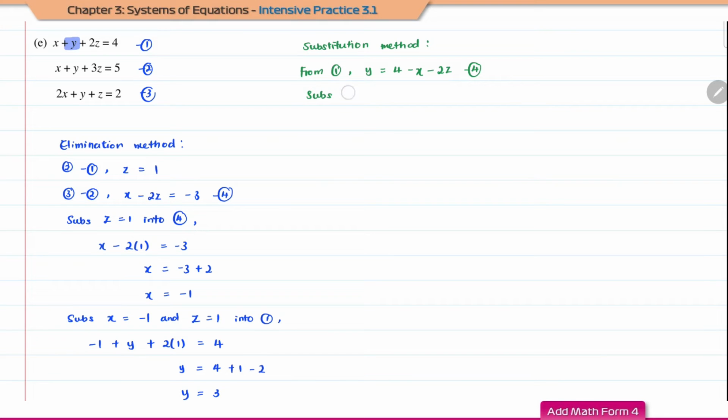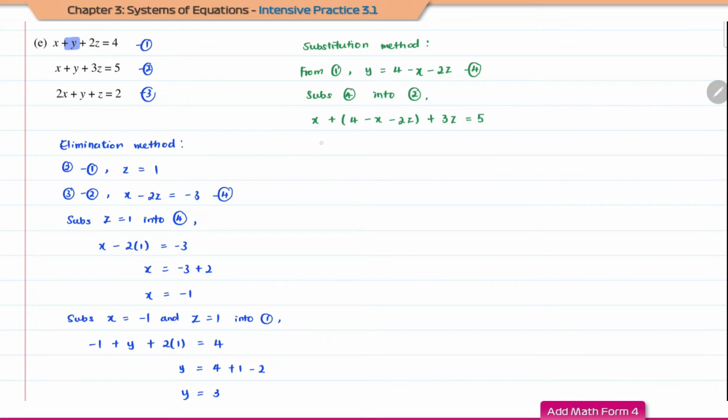Next, substitute equation 4 into 2. So x plus y, which is the 4, minus x minus 2z, plus 3z equal to 5.